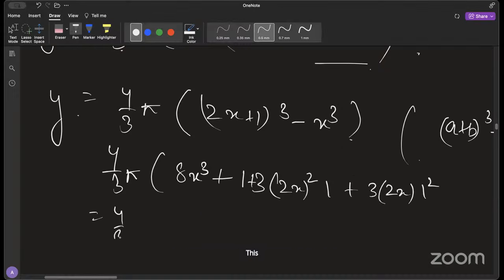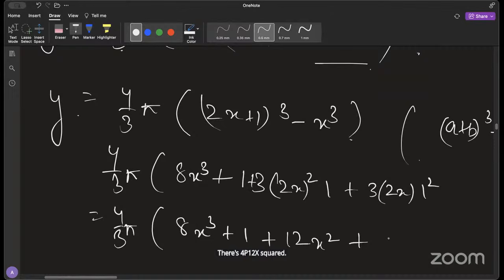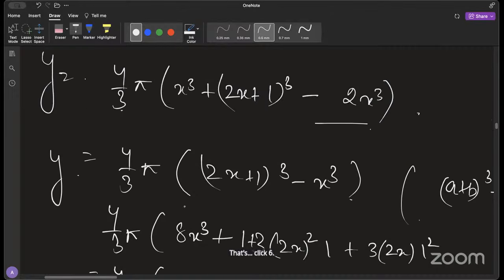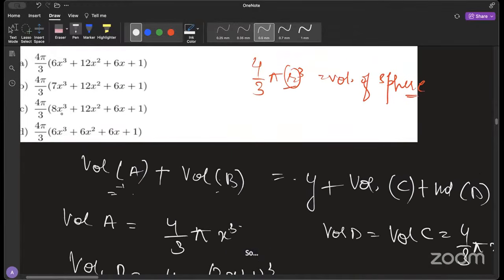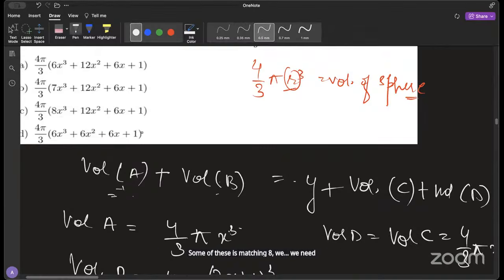This will give you 4 by 3 pi, 8x cube plus 1 plus 12x squared plus 6x. So one of these is matching 8. We need to have 8 here, right?